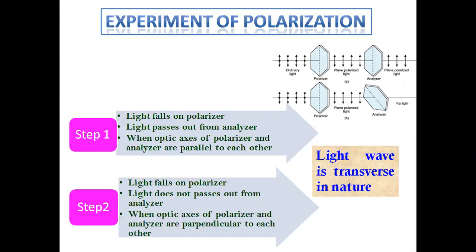In the next step, light falls on the polarizer. It does not pass out from the analyzer only when the optic axes of polarizer and analyzer are perpendicular to each other. This experiment concludes that light wave is transverse in nature.